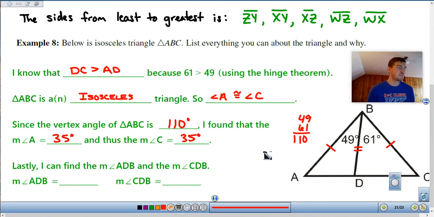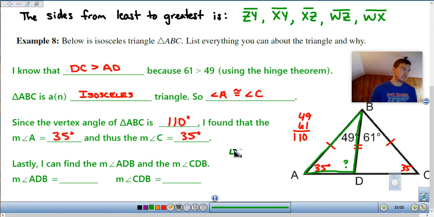Lastly, I can find the measure of angle ADB and the measure of angle CDB. So this is 35, this is 35. And if we use triangle sums, we can figure out the measure of our final angle here in this triangle by taking 49 plus 35 and then subtracting that from 180.